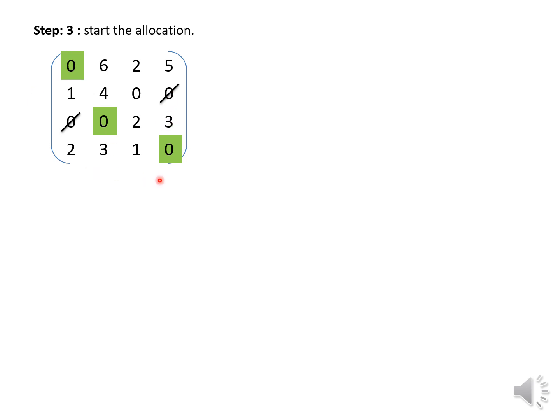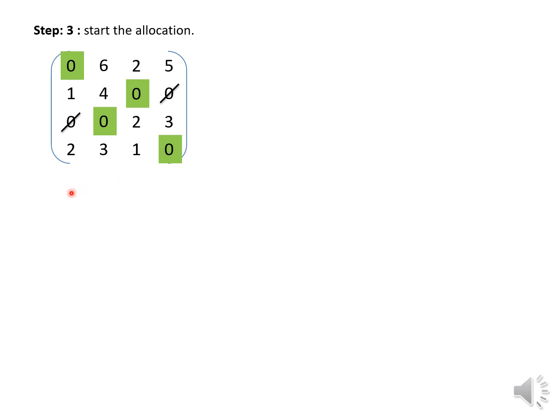Next we come to column wise. The first column we already assigned, the second column we already assigned, and in the third column we have only one zero. So you just assign it and see if any zeros occur in the assigned row. If so, we have to cross them. Otherwise, we leave it. Then the fourth column is assigned. Now we have to check that each and every row and each and every column has one assignment.